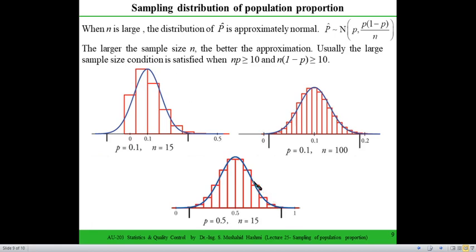These conditions, n greater than 30 or np greater than 10, are not necessarily always required. We need to plot the data, and if the data is symmetrical and close to a normal distribution, we can use the normal distribution table to estimate the corresponding probabilities.